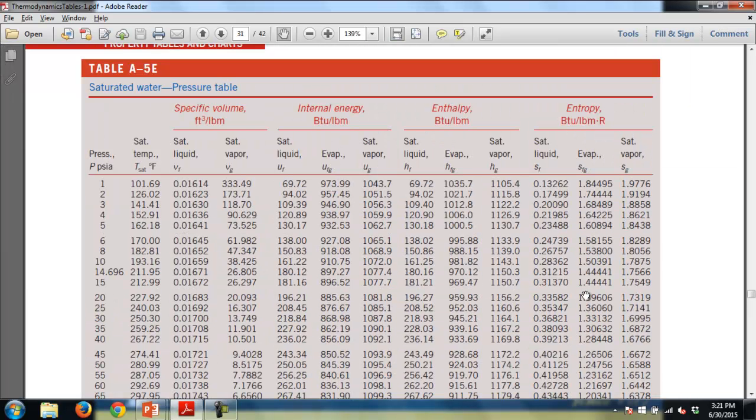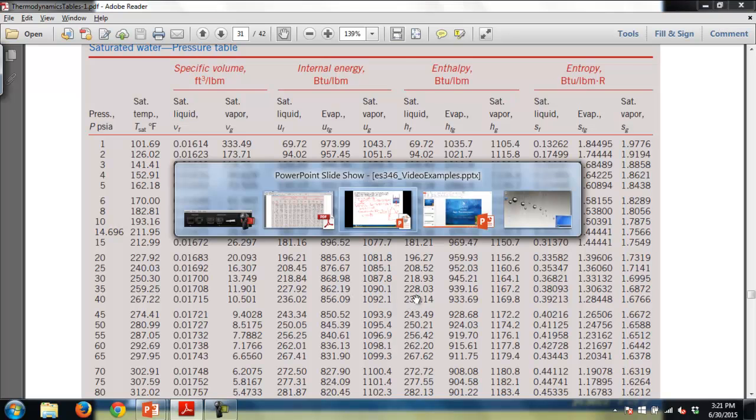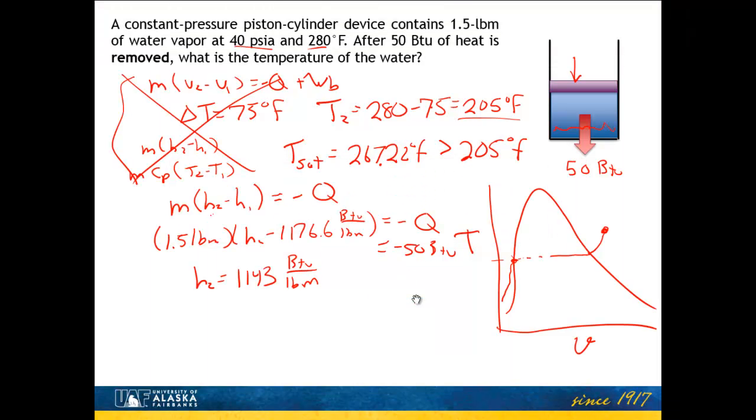So here we are in terms of pressure. We're at 40 psia. I look across. I'm comparing this to Hf, which is 236.14. So Hf is equal to 236.14, and I realize that my value of H2 is greater than that.